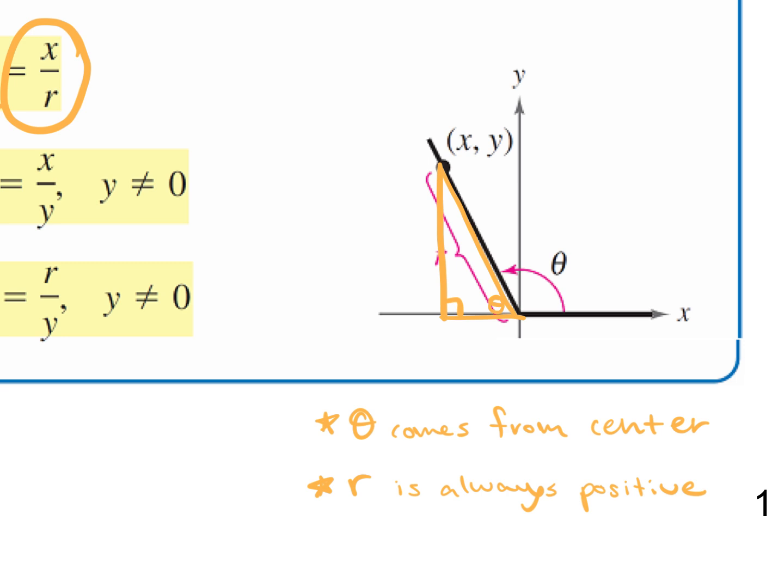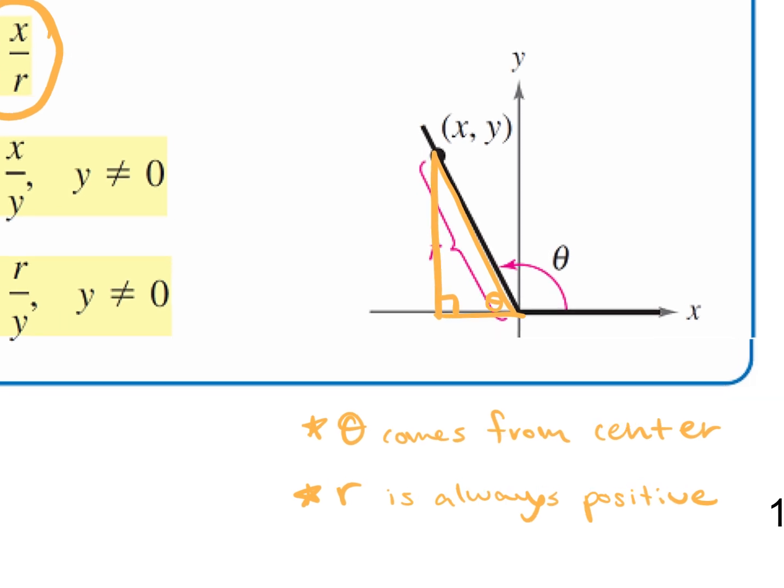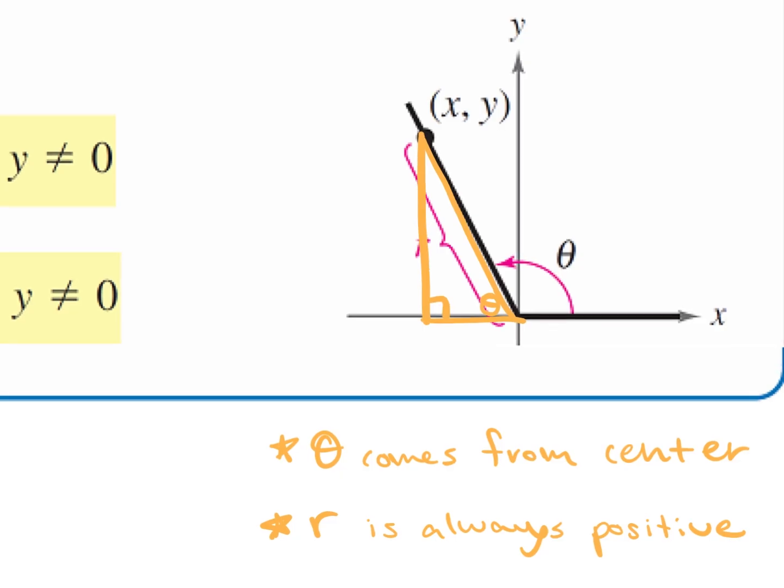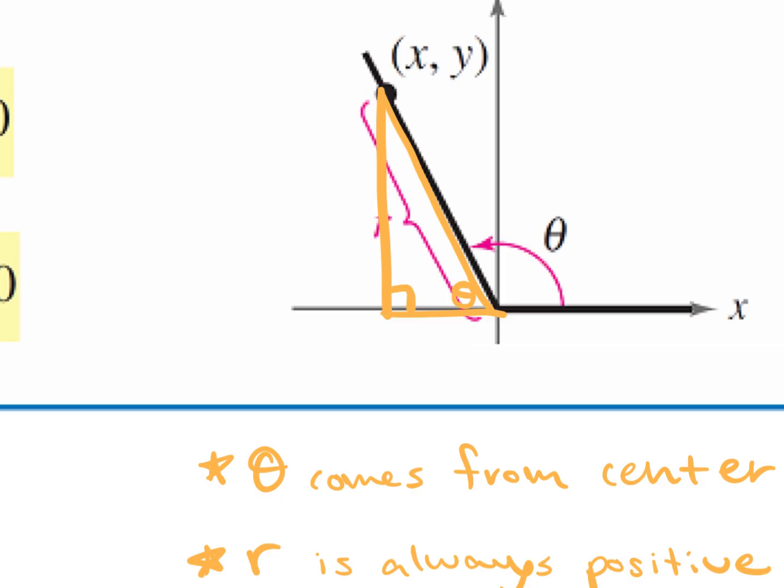Now there's a couple different ways that we can think about finding our trig functions here. We can use our x, y, and r and follow the formulas here, but we can also think about it like a triangle. My x goes along the x-axis, so this would be our x side here. The y goes up and down, so we've got our y side, and then the radius is our hypotenuse, so this would be r.